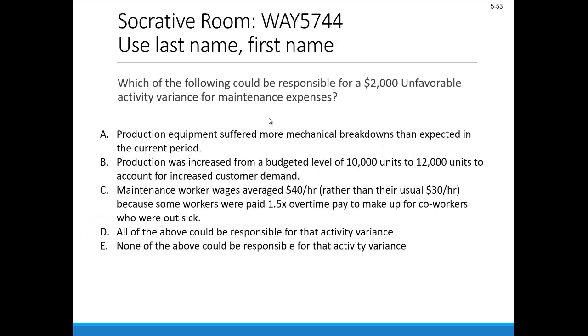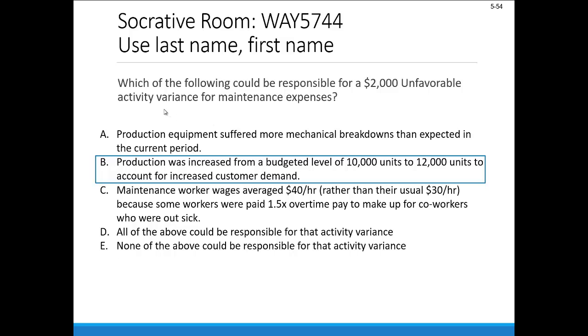Moving along, which of the following could be responsible for a $2,000 unfavorable activity variance for maintenance expenses? Pause the video, look through those potential answers, give it a thought, and then come back for the solution. So our best answer there is B. Production was increased from a budgeted level of 10,000 units to 12,000 units to account for increased customer demand.